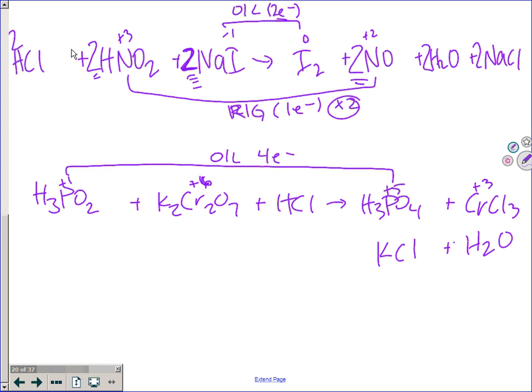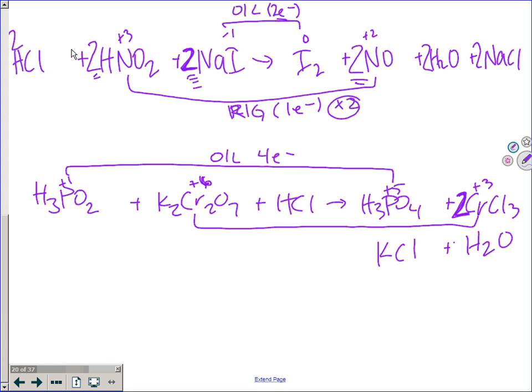And then chromium, we notice first that they're not balanced. Okay, so let's think about those as we go. A single chromium has an oxidation state of 6+. A single chromium has an oxidation state of 3+. So it looks like there's a gain of 3 electrons, correct? But there's 2 chromiums doing that process. So we have to see the fact that this 2 is not balanced over here. So adding a 2 here will allow us to effectively talk about our chromiums.